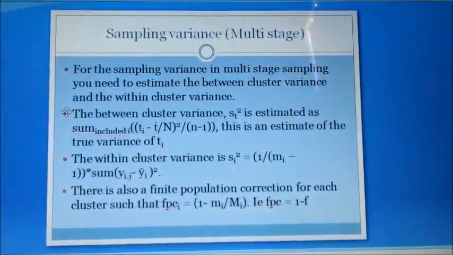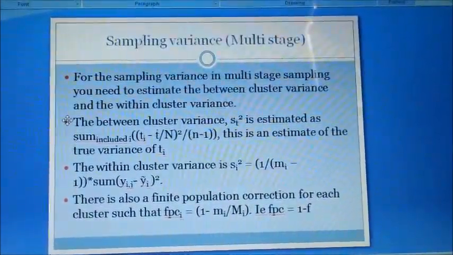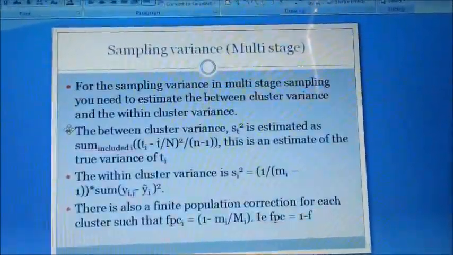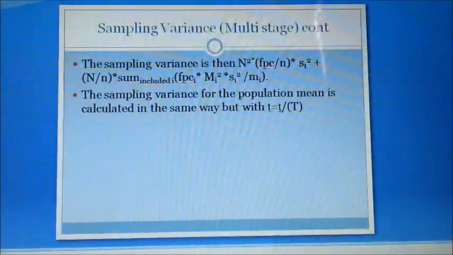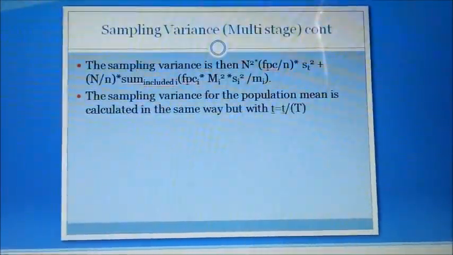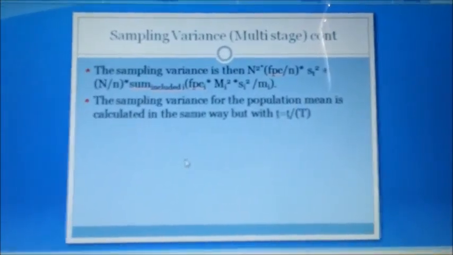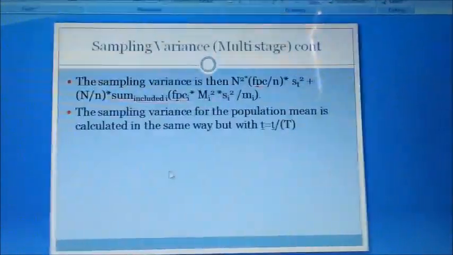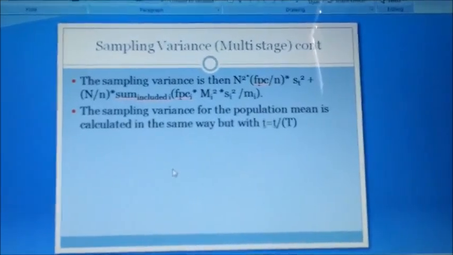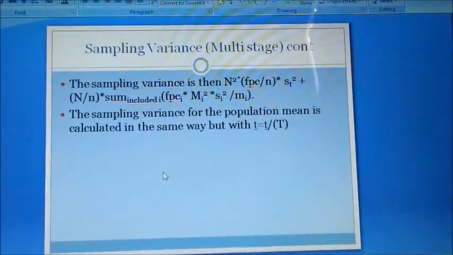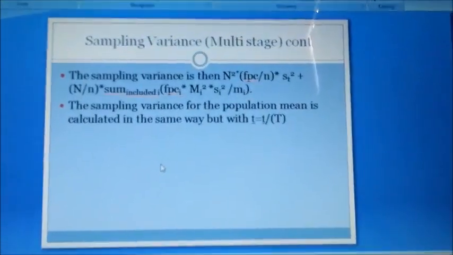We also calculate the finite population correction for each cluster, which means that FPCi equals 1 minus mi on Mi. So the finite population correction is simply 1 minus f. Now we have that the sampling variance is a combination of the two earlier terms, which we have is N squared times FPC on n times st squared plus N over n times the sum of all clusters included in I of FPCi times Mi squared times the standard deviation of i squared on mi.